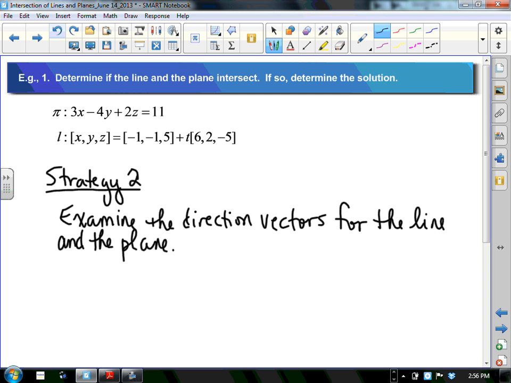Now, because the plane is given in its scalar form, so we have our scalar equation, we need to use the normal vector for that. And in terms of the vector equation, we have its direction vector here, which can be used.